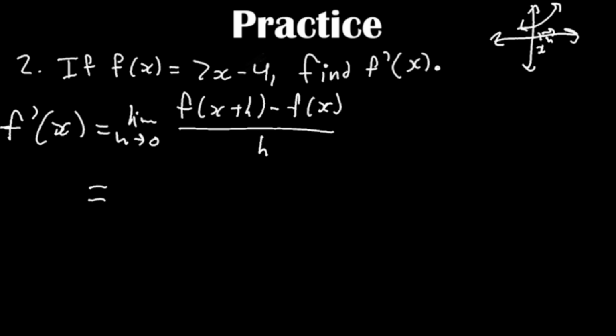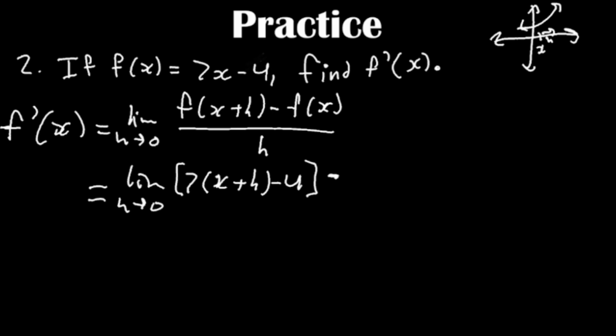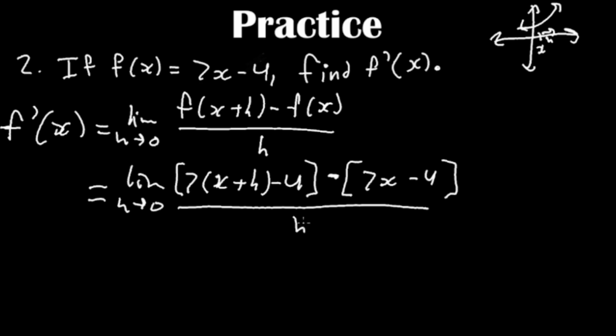so our function is 7x minus 4, so this is going to be the limit as h goes to 0 of, so we're plugging in x plus h into our function definition. So 7 times x plus h minus 4, minus f of x, which is 7x minus 4, over h.